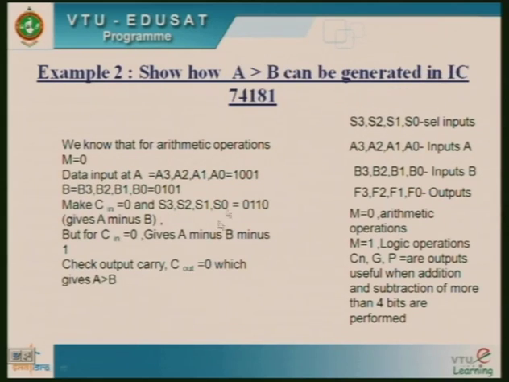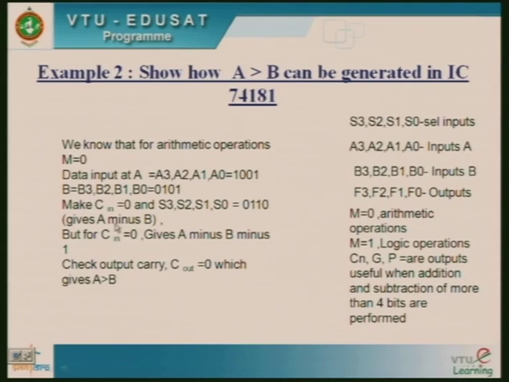Second example, how can I show that A is greater than B? As usual, I will be giving two sets of inputs, 1001 and 0101, for the inputs of IC 74181, and I make Cin 0 since it is an arithmetic operation, and I will be using select input 0110. To check A greater than B, I will be subtracting.